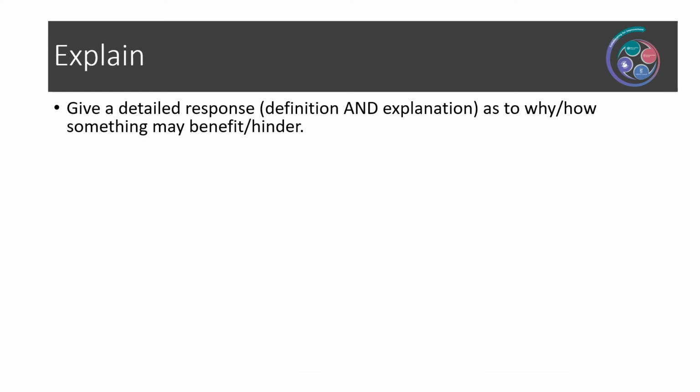Okay, the last command word that we'll go over is explain. And explain is probably the trickier one out of all of them. And explain means give a detailed response, giving a definition and explanation as to why or how something may benefit or hinder. So in this circumstance, we're looking for a description and reasons why.